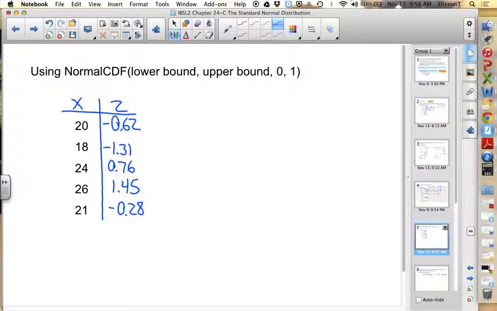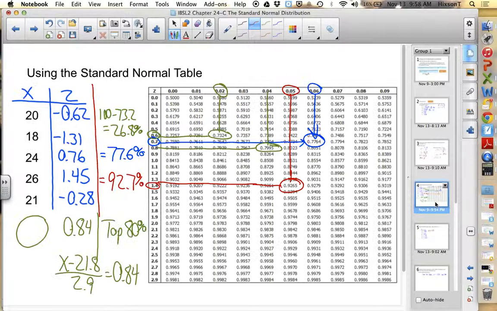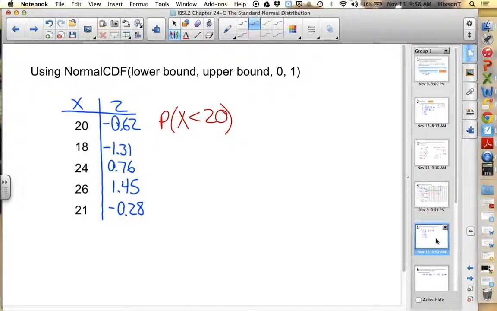Let's say that first of all we want to find the probability that a random variable x is less than 20. Because we know the original data, we know the mean was 21.8, and sigma was 2.9.